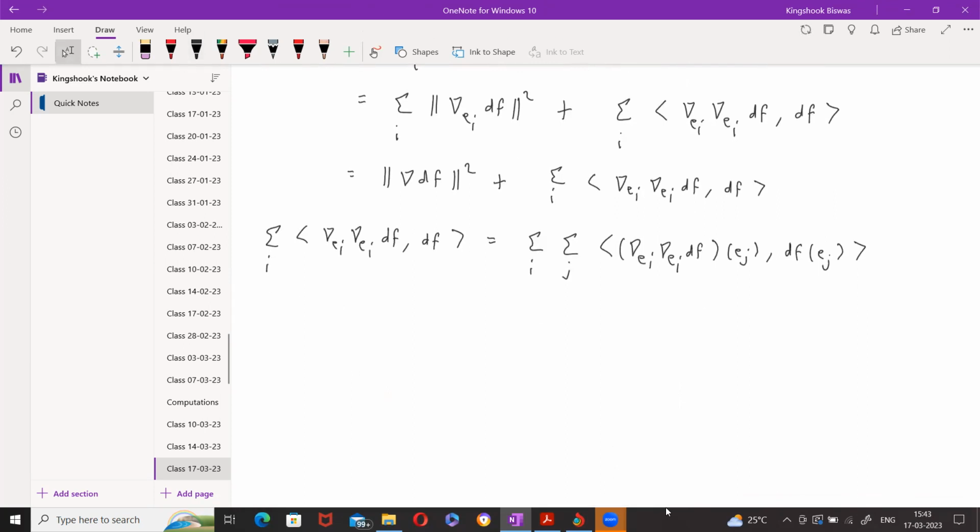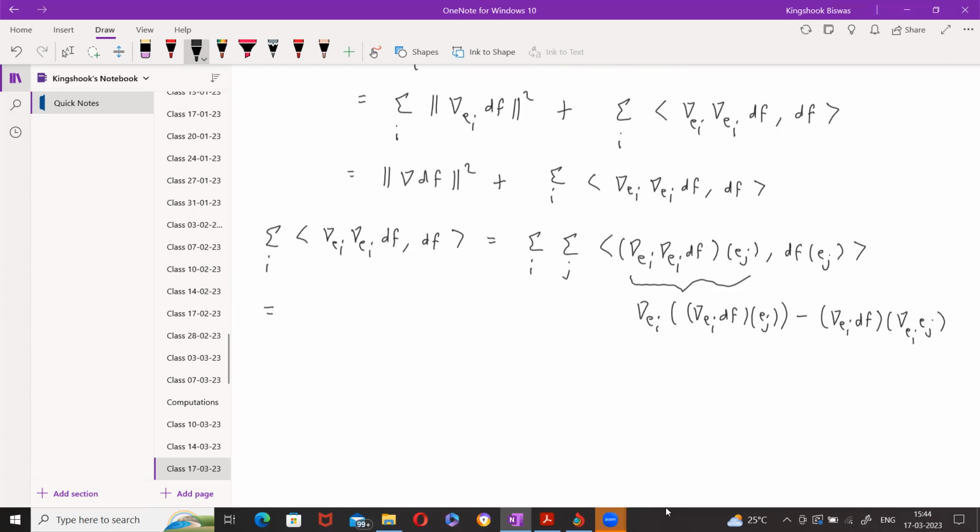Okay, fine. So now what I want to do is write this term as nabla e_i of (nabla e_i df acting on e_j), the whole thing in brackets, minus nabla e_i df acting on nabla e_i e_j.